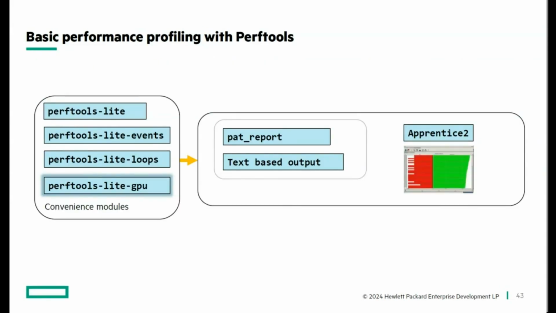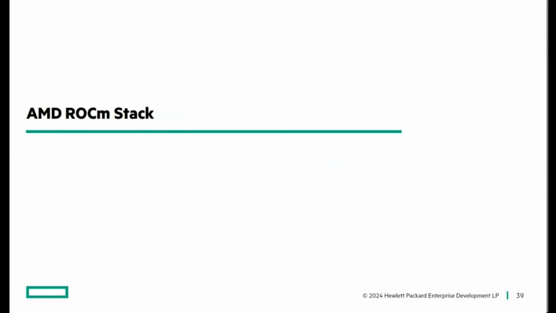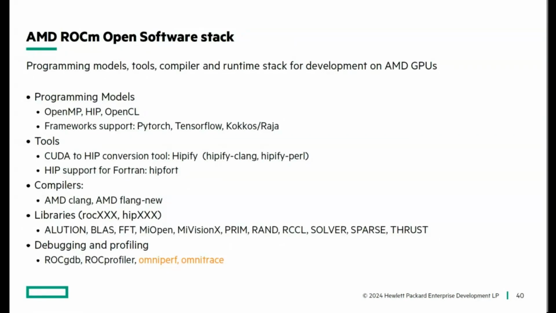Actually, I was going to go back. Could you go back to the ROCm stack? I was just going to mention, for those familiar with NVIDIA tools, that rocprof, Omniperf, and Omnitrace are on different levels. rocprof is equivalent to nvprof, so quite a low-level profiler.